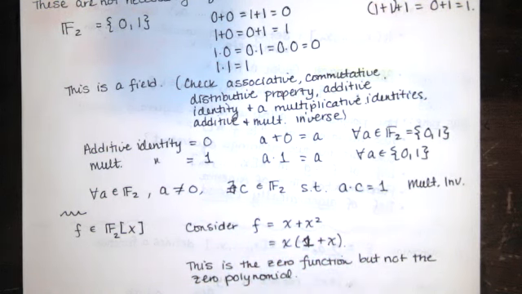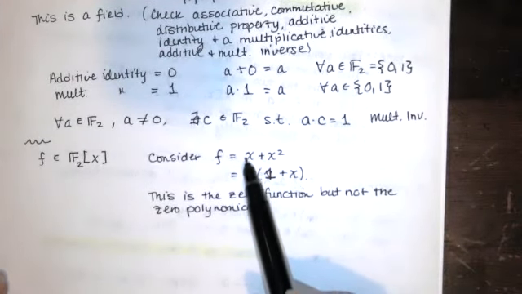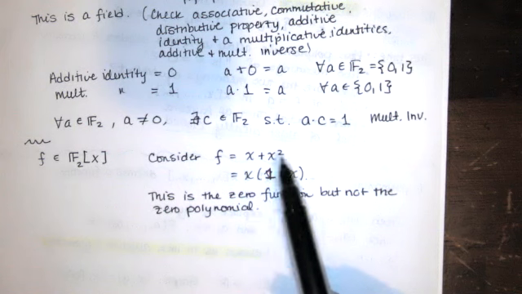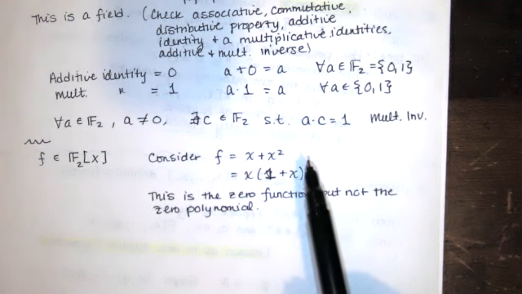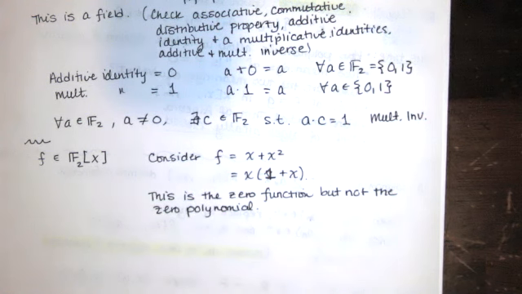Now, it's obviously not the 0 polynomial, because in order to be the 0 polynomial, this would have to be like 0 times x plus 0 times x squared plus 0 times x cubed, infinitely many 0 terms, and you wouldn't see anything over here.